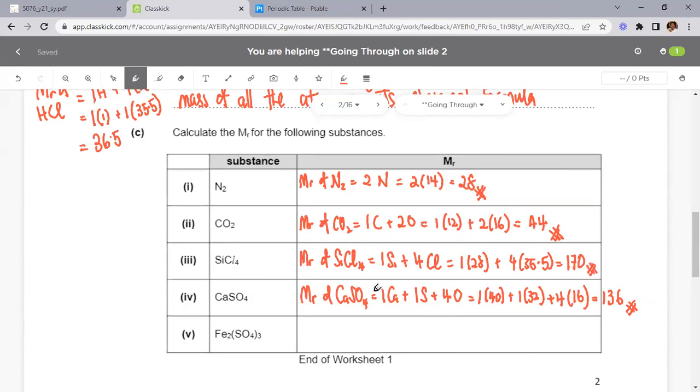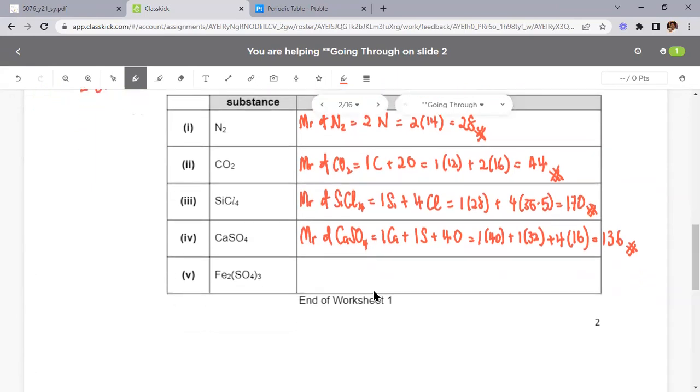Last one, I think 5 is the one that some of you find quite challenging. So instead of straight away zooming in and writing everything, what you can do is try to expand the bracket a little bit. This tells you that there are 2 Fe and 3 SO4. 3 SO4 tells me that I will have 3 sulfur and 12 oxygen.